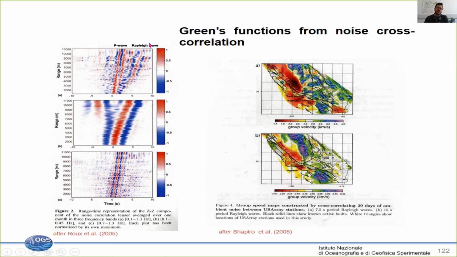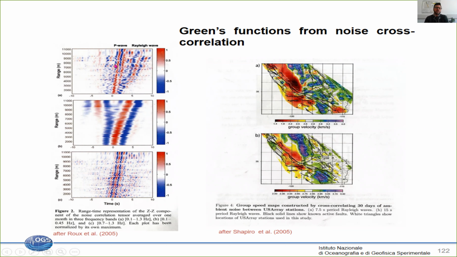What is interesting here is also that you can immediately see that the noise sources are not distributed homogeneously, because we have a clear, let's say, stronger right side than the left side.